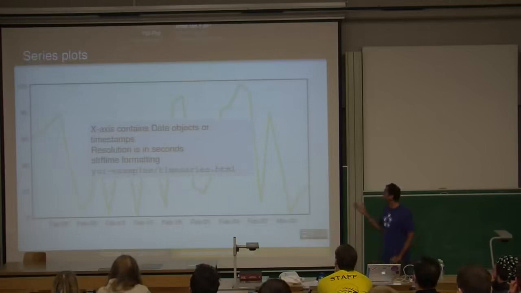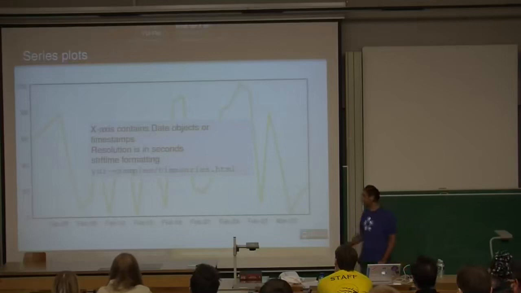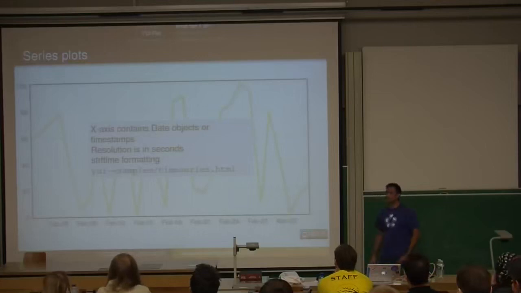The thing about what I added to YUI Flot is it doesn't just take in timestamps, it can also take in date objects and plot your x-axis based on that. Resolution is in seconds, unlike in Flot, which is in milliseconds. The reason I did that was most backend languages, if you use the time function, they'll give you a Unix timestamp in seconds and not in milliseconds.